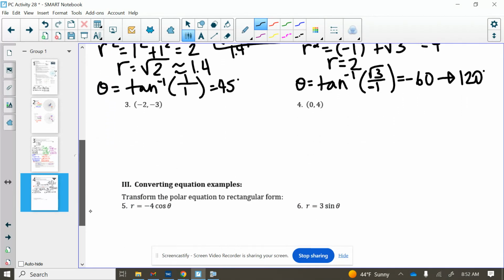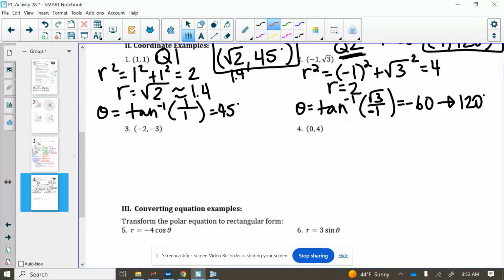Now, the next one, we have negative 2, negative 3. That is a quadrant 3 value. And as we check for r squared, negative 2 squared is 4, plus negative 3 squared, which is 9. That gives us a value of 13.